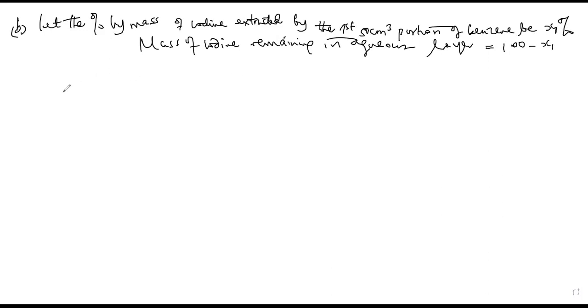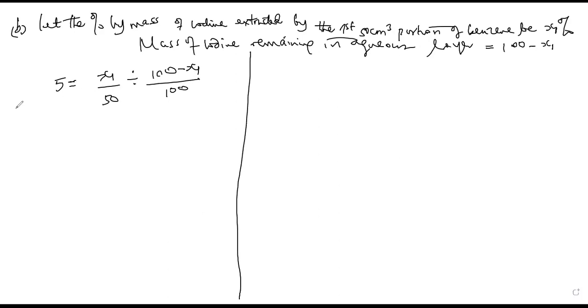So I apply my KD. My KD, which is 5, is going to be equal to the concentration of iodine in benzene, which will be X1 over the first portion 50, divided by the concentration of iodine in aqueous, which will be 100 minus X1 out of the aqueous volume, which was 100. Looking at this, 5 is equal to X1 over 50 times 100 over 100 minus X1.